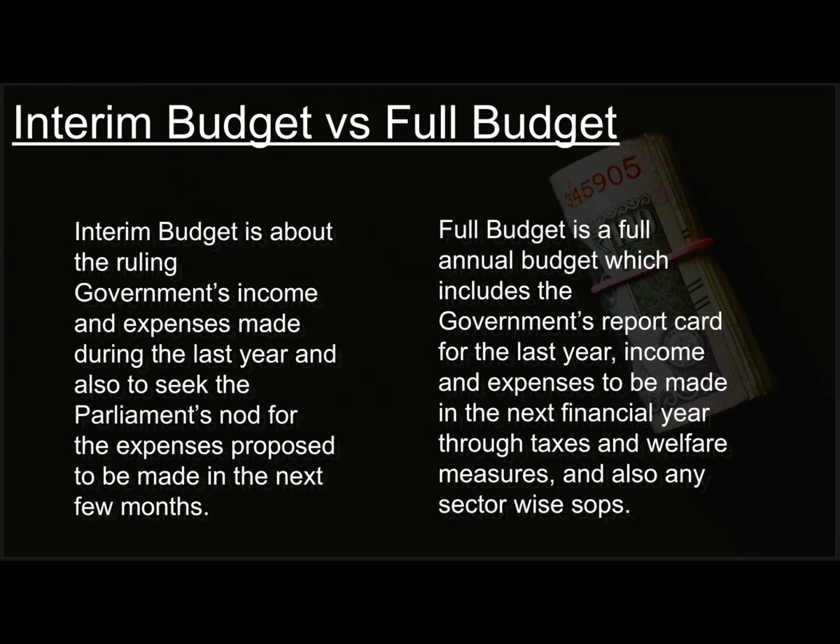What happens is, during an election year, it is not practical for the ruling government to prepare a full budget. Hence, the ruling government announces an interim budget for the time being. So the distinction between interim budget and full budget should be very clear.